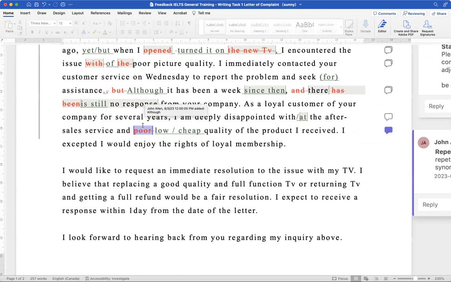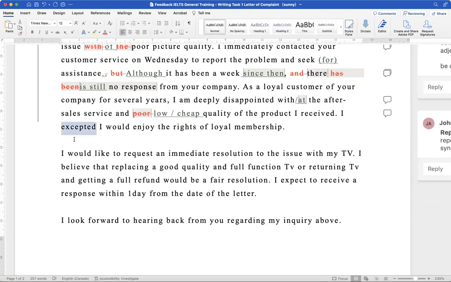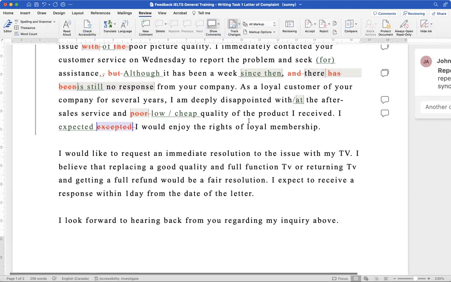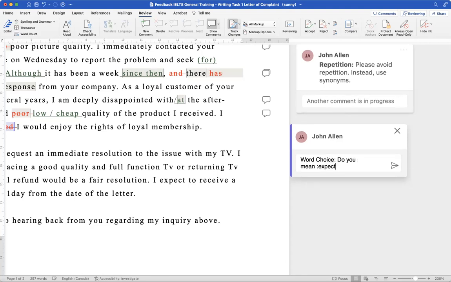Okay. I accepted. I expected. It's not accepted. No, this is not correct. Word choice mistake. I expected. This is not correct. Word choice. Do you mean expect?